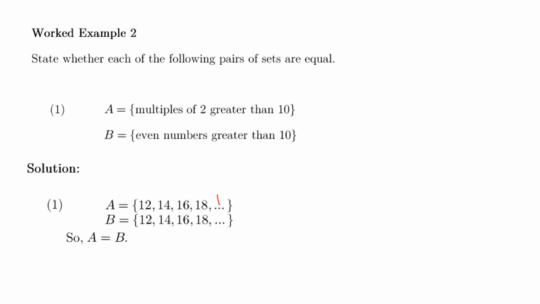The ellipsis tells us that this set continues until infinity, so 12, 14, 16, 18, 20, 22, 24, 26, and so on. Set B, even numbers greater than 10, still gives us 12, 14, 16, and 18, again until infinity. As you can see, they have exactly the same elements. So A is equal to B. They are equal sets.